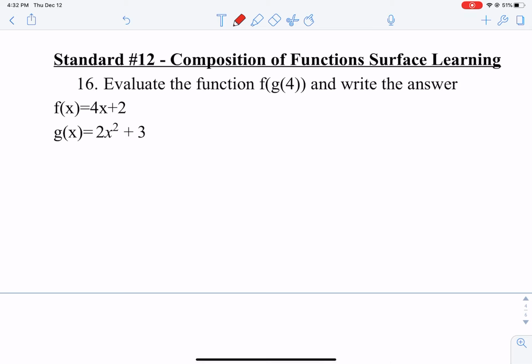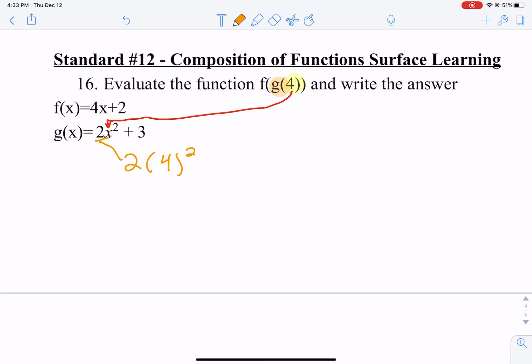Standard 12, composition of functions, surface learning. Evaluate the function f of g of 4. The way this works is you take 4, you put it in for x in the next inside function, which is g. So I'm going to take 4 and put it into g there. So I'm going to put 2 parenthesis 4 squared.